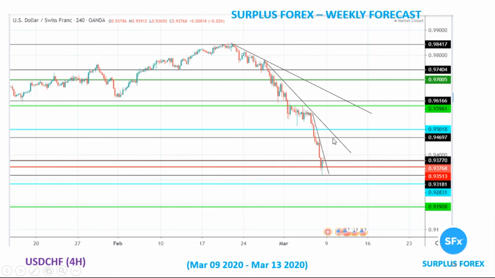So if it crosses 94.70 and this downtrend line, then I'll make my entry at 95. I'm keeping my first target right below 96.16, at 95.96, and the second target right below 97.40, so that it's approachable based on the average daily trading range. So I'm keeping my second target at 97.